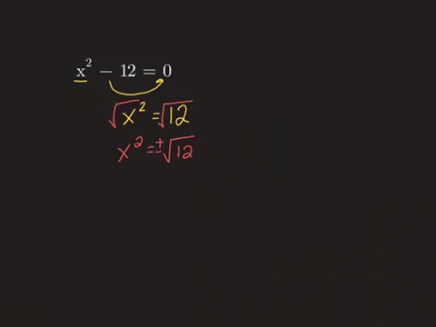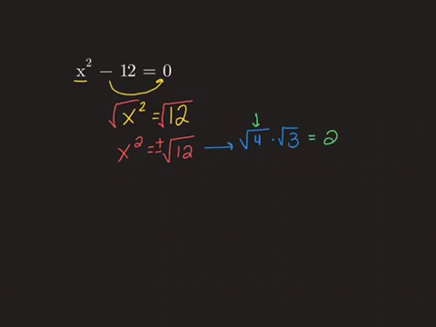Now remember with radicals, unless it asks for a decimal approximation, we're going to leave them in exact form. So we need to simplify this. Remember, I can break this apart into the square root of 4 times the square root of 3. Then since the 4 is a perfect square, I can go ahead and take the square root of that.